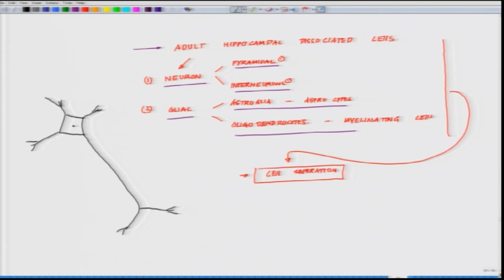Right. So, you must have seen in the textbook, they have this kind of picture, right. On both sides, as if along the axon, you have a sleeve-like structure.